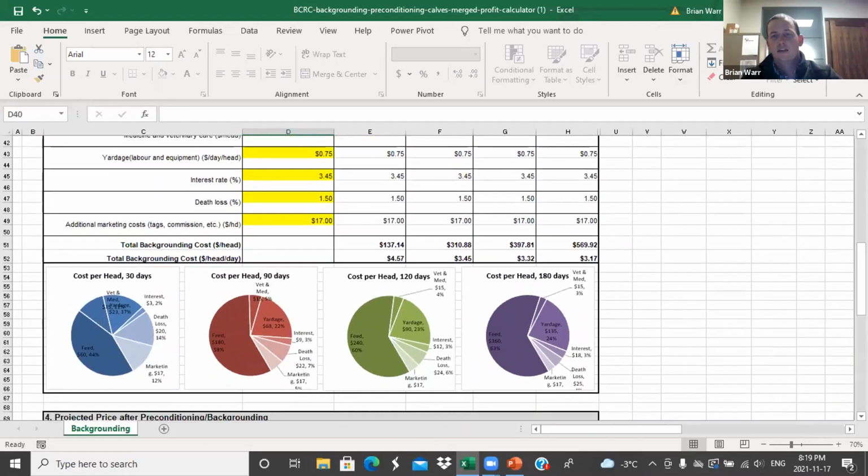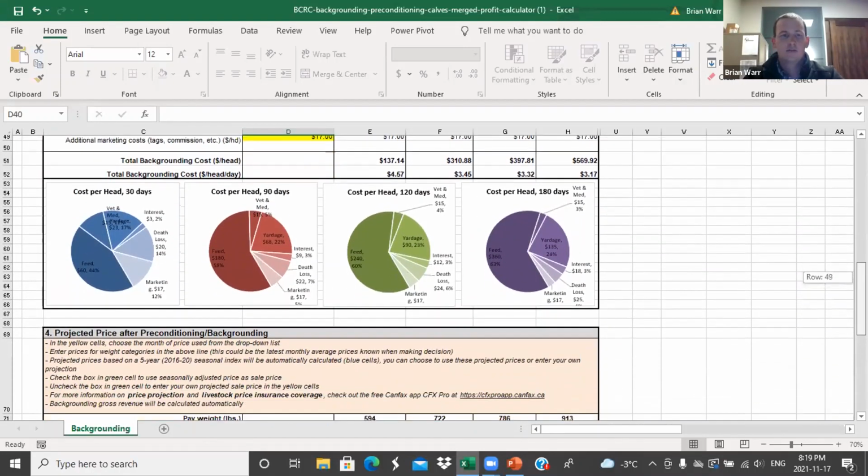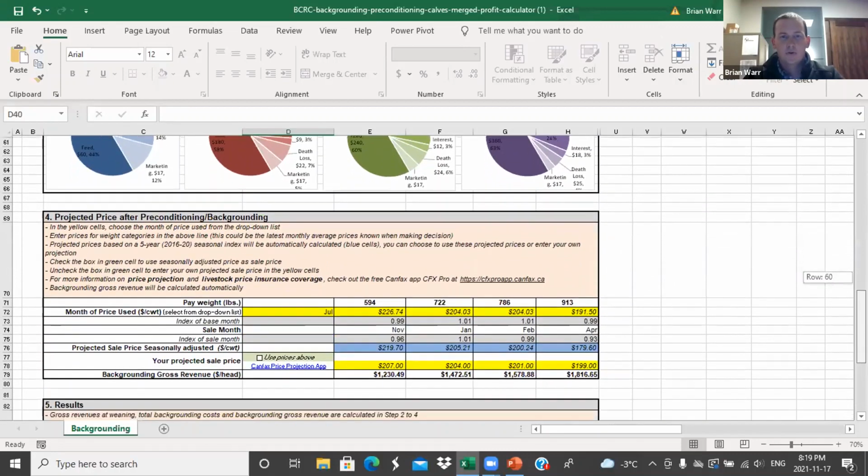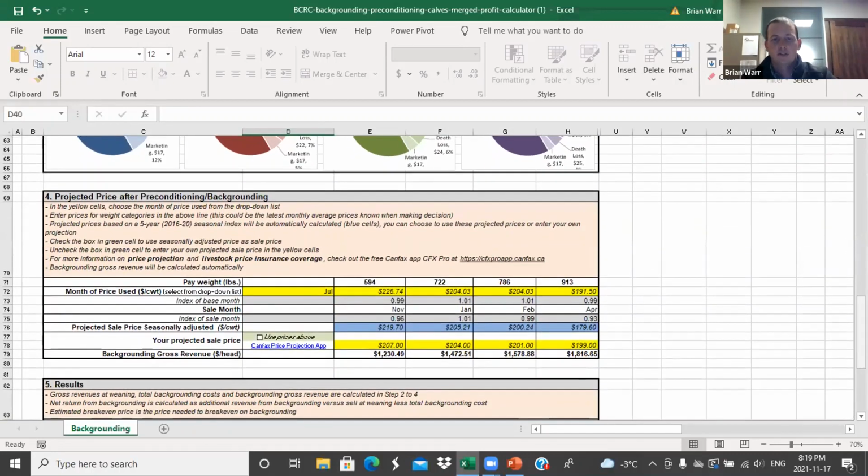And then it kicks out these pie graphs that you can look at. But what's really cool is that it uses 5 years of historical data. BCRC just updated this. You can look at whatever the recent month is, and it'll adjust based on the weight gain, so they weigh more the longer I keep them, of course.